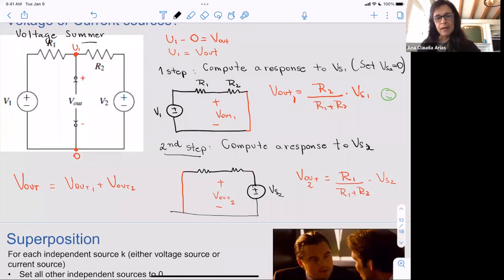Okay, and then the only thing that is missing for us is to express V out, our total V out, as a combination with respect to the potential.